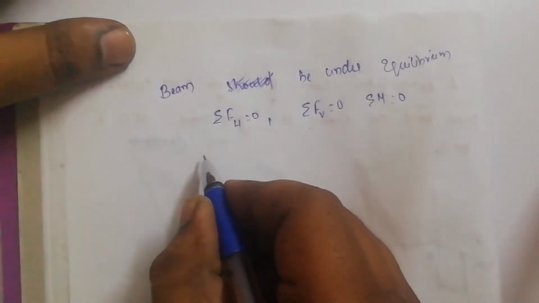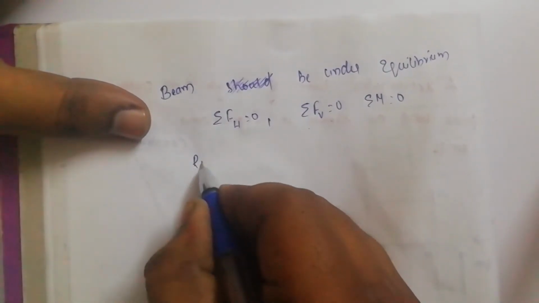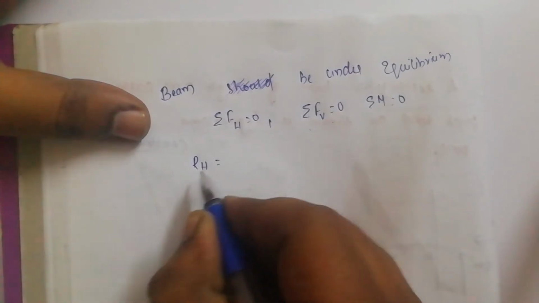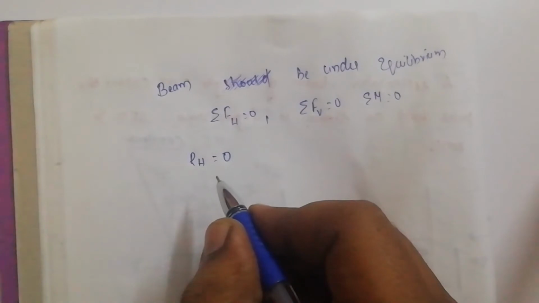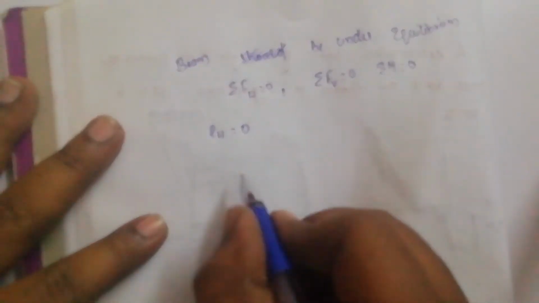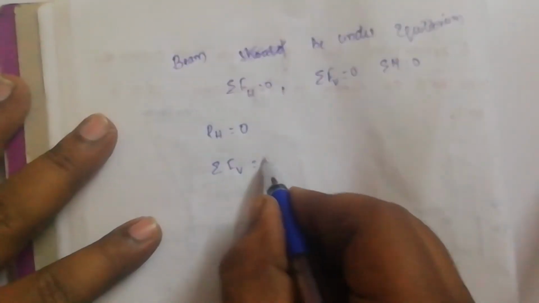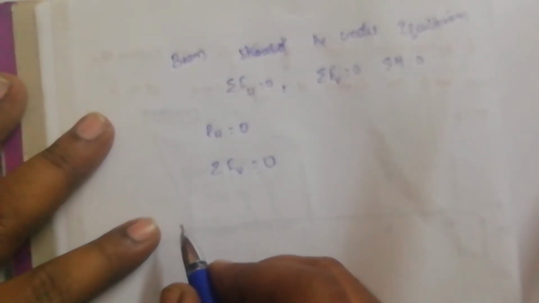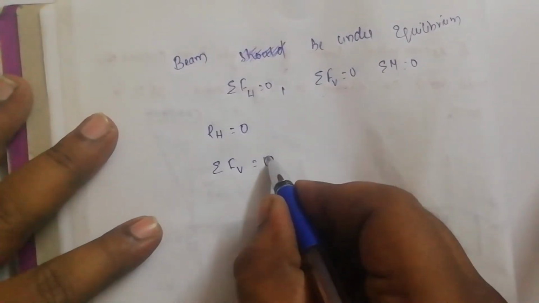So in our previous diagram we have seen that we have only a horizontal force, that is the reaction at point A, so that will be equal to 0. Next is the summation of vertical forces equal to 0.